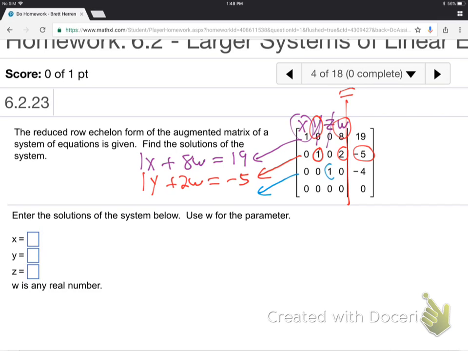It's just saying 1z, so z, equals negative 4. Good. And finally, what's that fourth row saying?